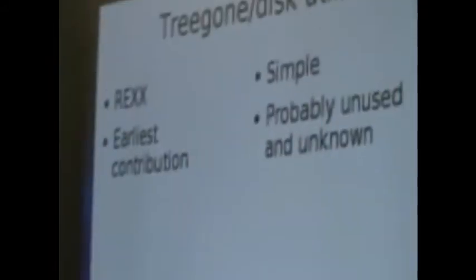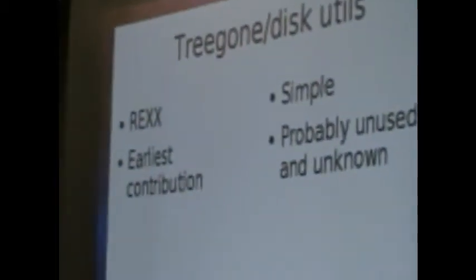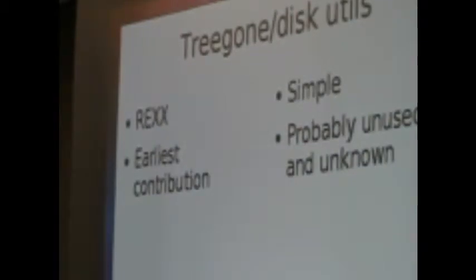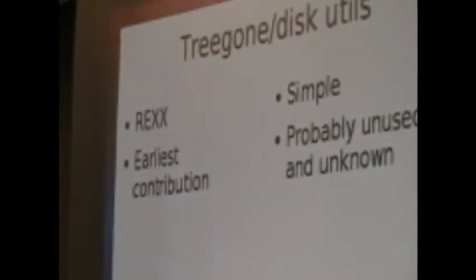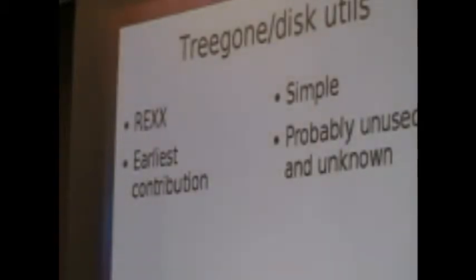And the REXX basically goes back to, I started playing with that a little bit, and that's what the Trigon disk utilities is in. The Trigon disk utilities, Trigon is the main one that I still use at this point. Trigon itself is a separate utility out on Hobbes, but it also has the disk utilities, which also includes the Trigon.